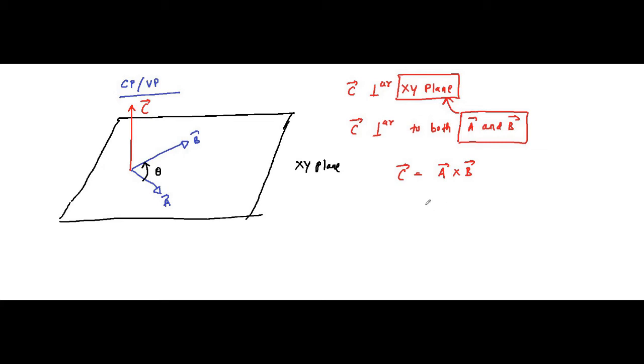Which is represented as A vector modulus, B vector modulus, sine theta, n cap, where n cap is the unit vector perpendicular to both the vectors, in the direction perpendicular to A vector and B vector, in the direction of C vector.